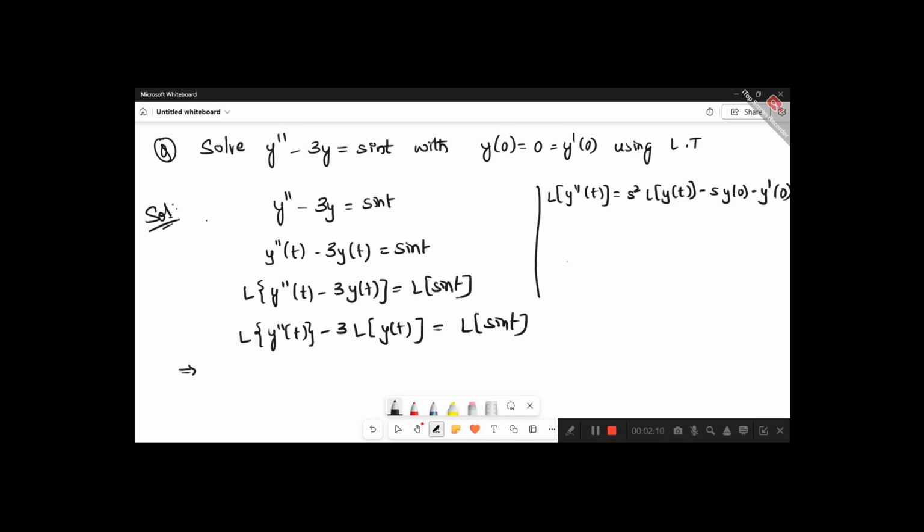This implies s square Laplace of y of t minus s y of 0 minus y dash of 0 minus 3 Laplace of y of t is equal to Laplace of sin t.